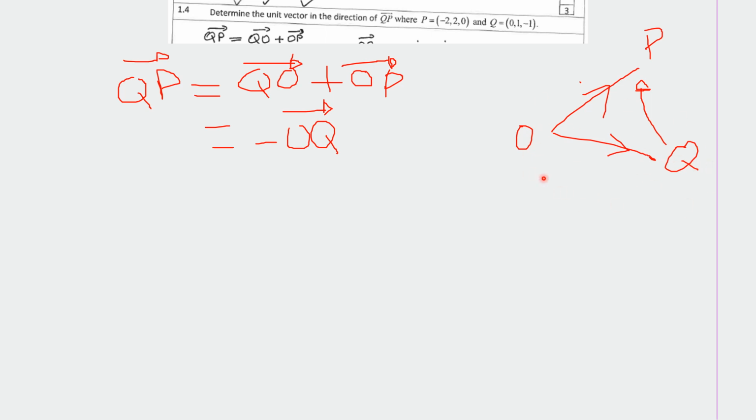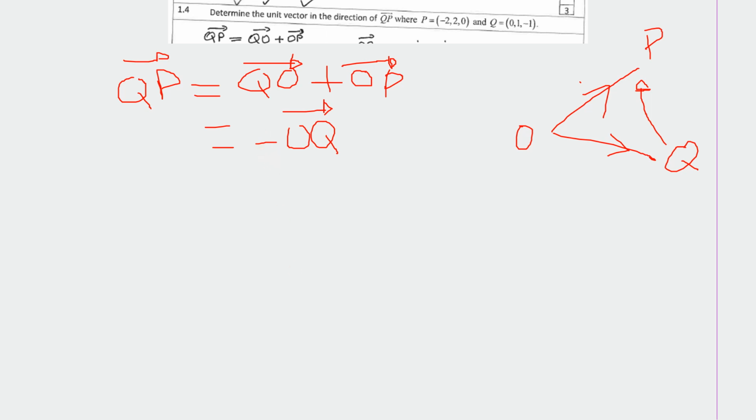The vectors are equal in magnitude, but they are moving in opposite directions. So QO is the same as OQ in magnitude, but different in direction.